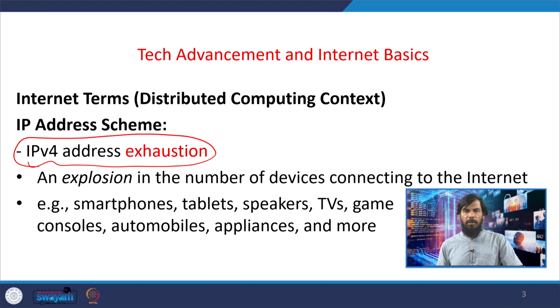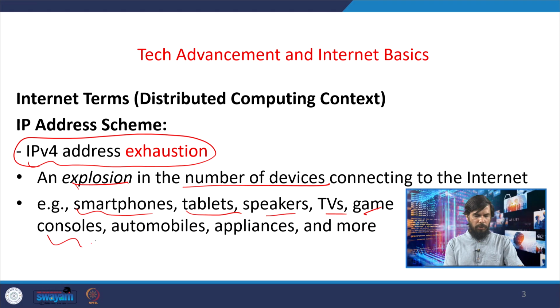So, why has that happened? As I said, there is an explosion in the number of devices connecting to the internet, right. All of us at an individual level have so many devices, starting from a desktop, laptop to smartphone. We might also have a tablet, then we might have a speaker at home, and therefore, per person there are so many devices nowadays, right. So, smartphones, tablets, speakers are the new additions in the set of computational devices that are connected to the internet, and there are more now.